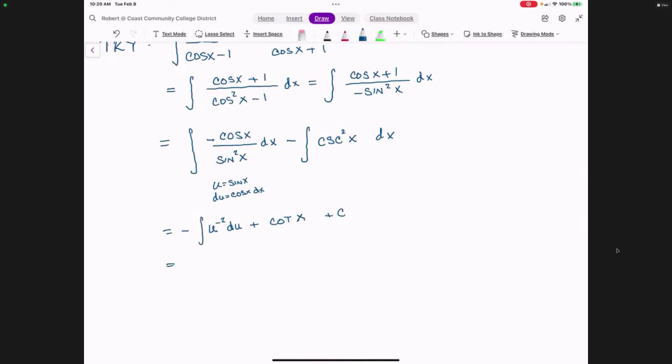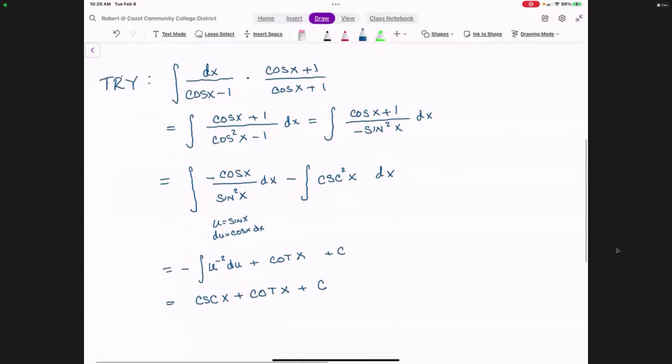So this is going to be u to the negative 1 over negative 1. So that's going to be 1 over sine of x, which is the cosecant of x, plus the cotangent of x. Huh, that's interesting. Did I make any mistakes there?